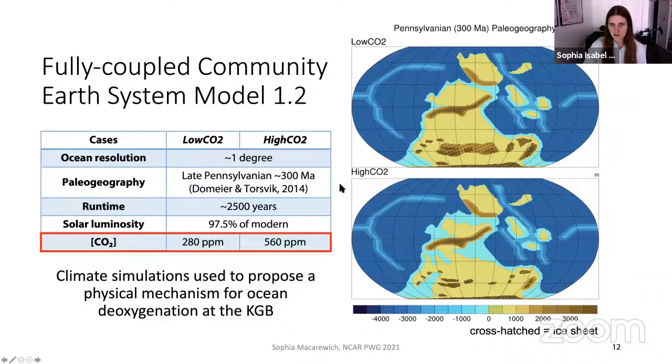In the high CO2 case, there's 560 ppm CO2 with relatively higher sea level and reduced high latitude ice sheets. We ran these simulations at about 1 degree resolution in the ocean, and they were run for about 2,500 years, such that the deep ocean reaches quasi-equilibrium.